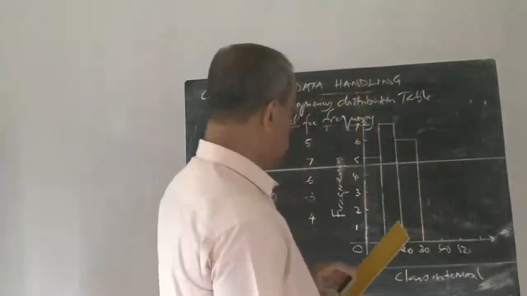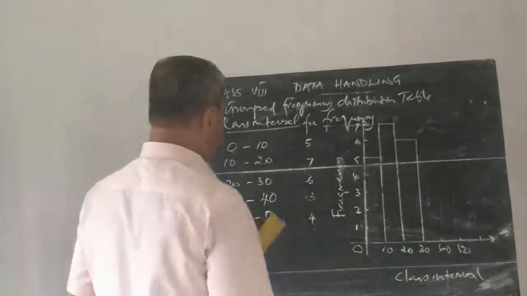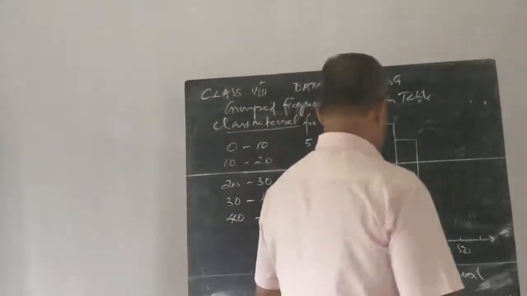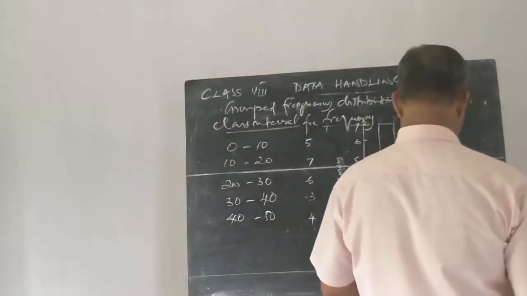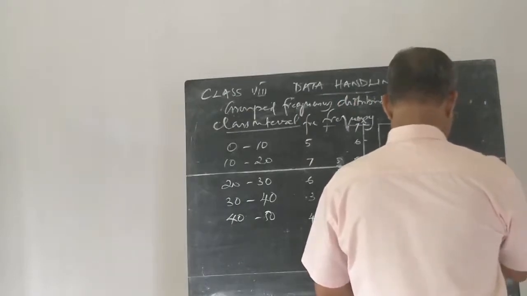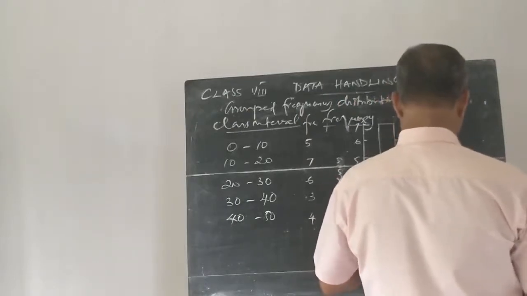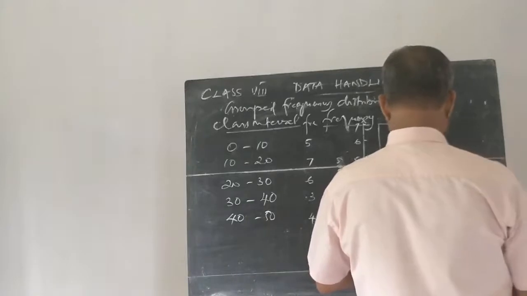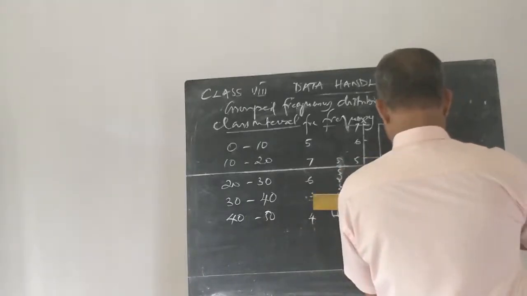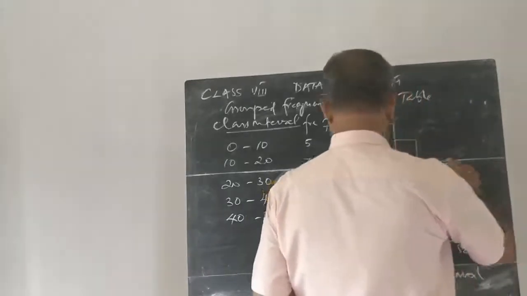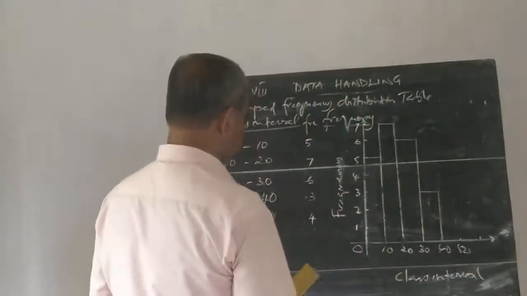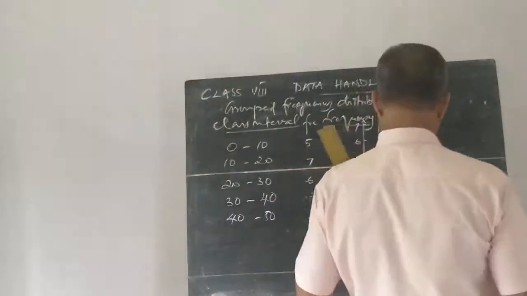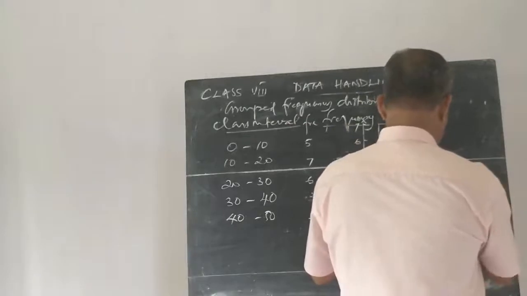Third one. Fourth, 30 to 40, 3. Then 40 to 50, 4.